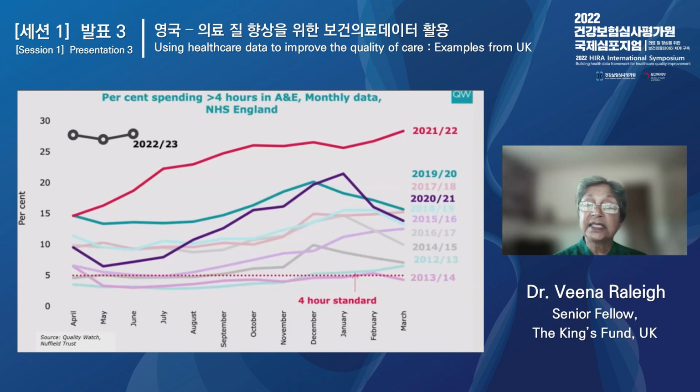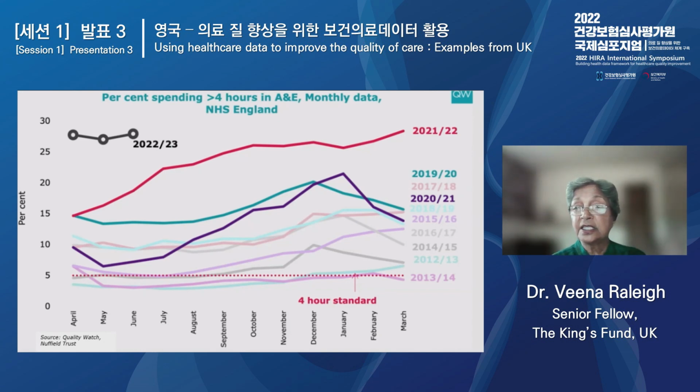I'd mentioned earlier that we have long waiting times in the UK, and these have become even longer during the pandemic. So this is the proportion of people who arrive at emergency departments, that's accident and emergency, we call it A&E, who have to wait more than 4 hours for either discharge or admission to a hospital bed.